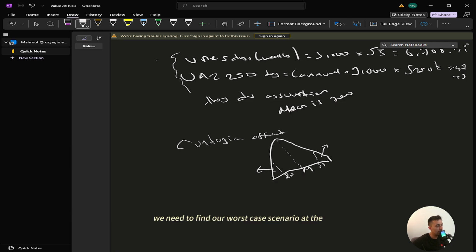We need to find our worst case scenario at the tails, because these are unfavorable events, and here it always occurs over and over again, past and future. This is our normal days, guys, but here is not normal. This is unfavorable, guys.